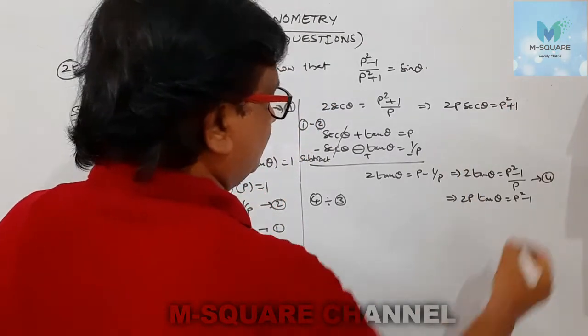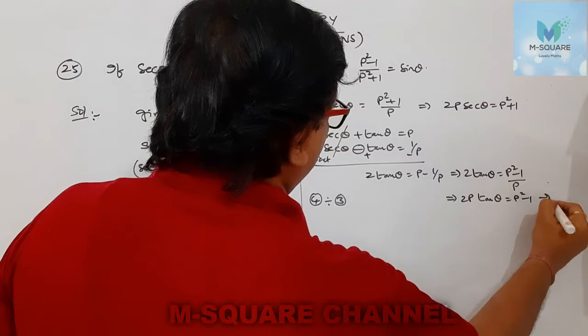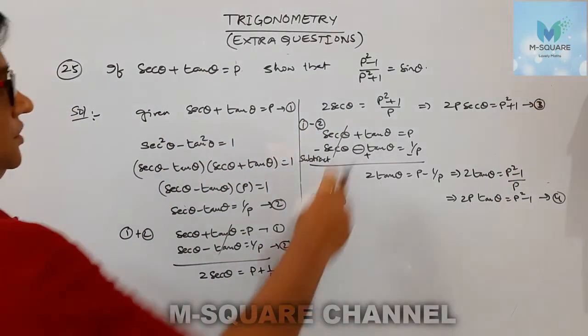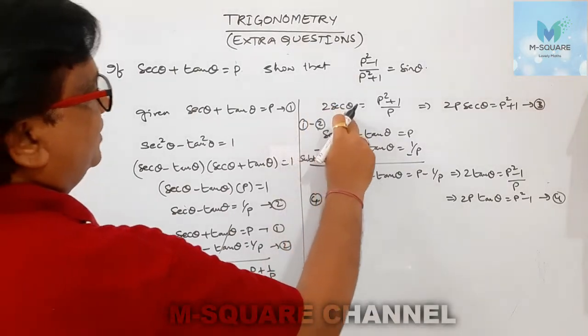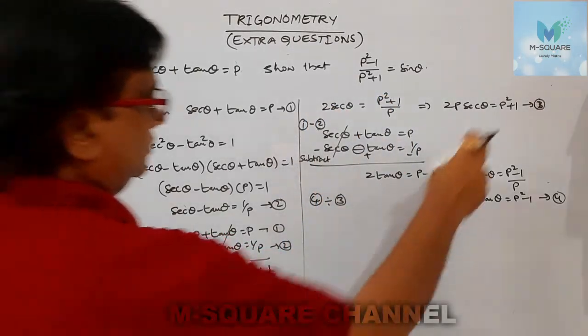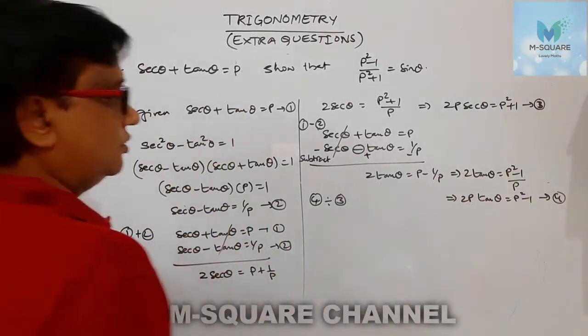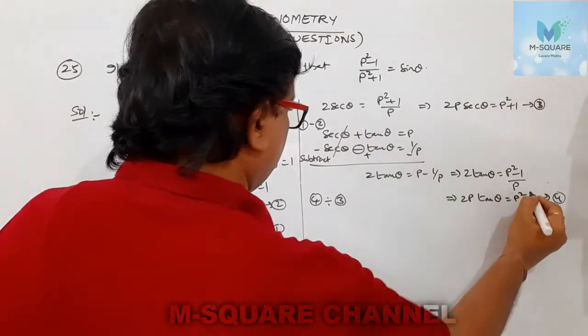Sorry, this is P square plus 1 and this is P square minus 1, this is 3 and this is 4. This P comes to this side, so 2P secant theta equals P square plus 1, and 2P tan theta equals P square minus 1.